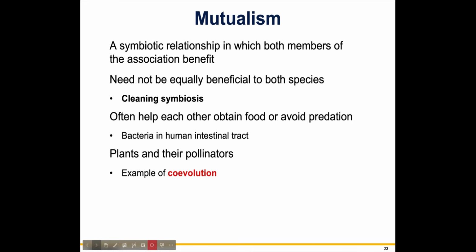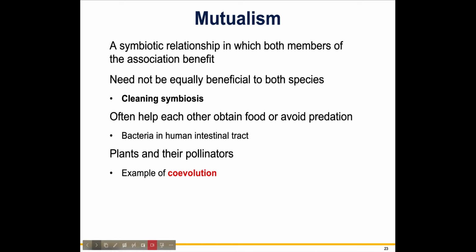The cleaner shrimp get a meal. And then humans have bacteria in our intestinal tract. The bacteria get a meal every time humans eat things, and then humans have fewer infections in our digestive tract because the good bacteria take up the space of any potential bad bacteria.